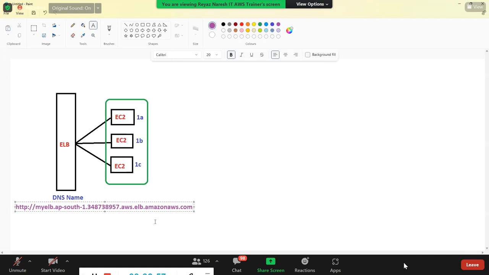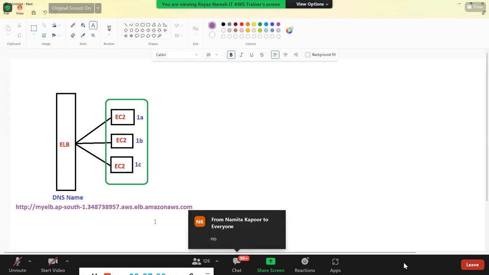This is the DNS name AWS will give. Is it good to give this big, nasty, ugly URL to a customer? Can I call this a nasty URL? Guys, it is just my name for it. Don't think that AWS is giving this name. I'm just saying this is a nasty URL.